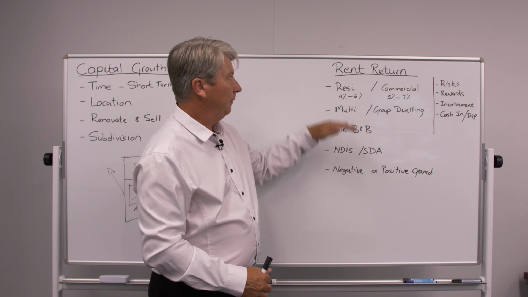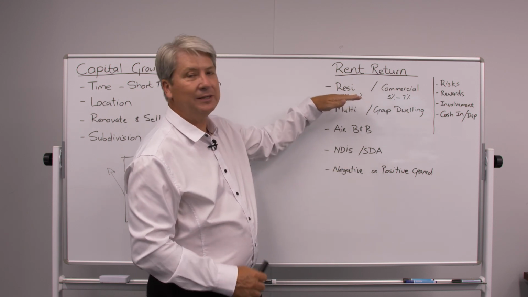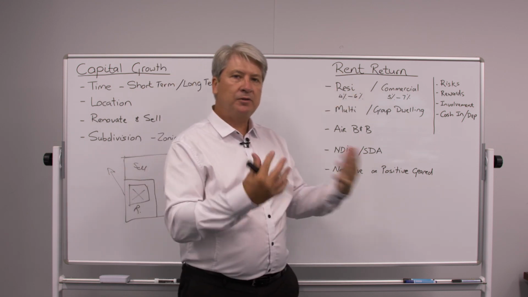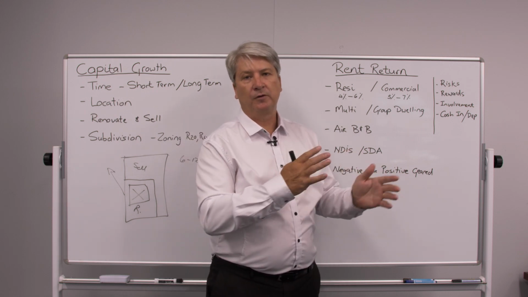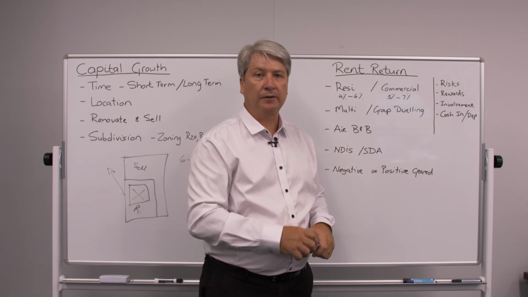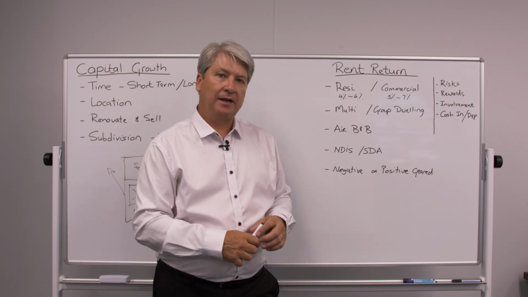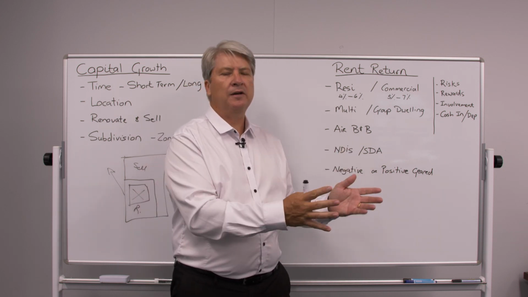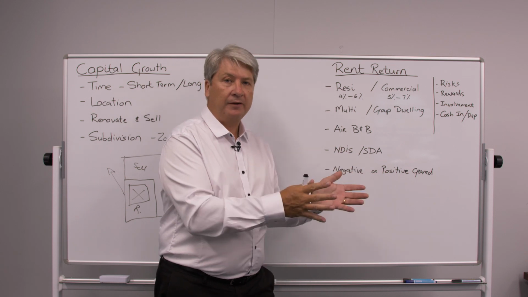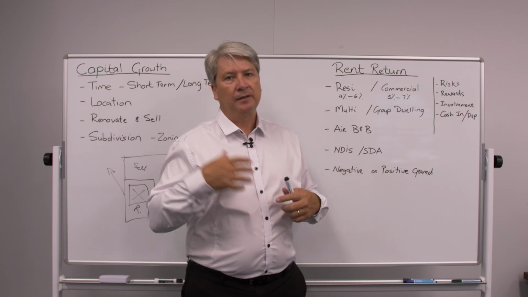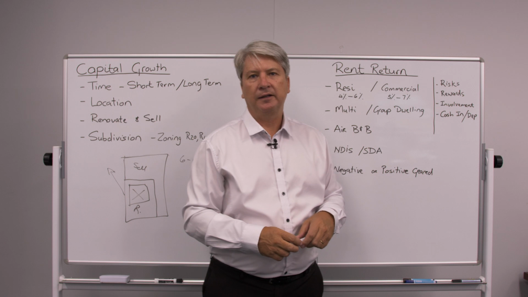Now, with a rent return, if you've got a residential property, most residential properties earn between 4 to 6% rent return. In other words, if you've got a property that's worth $500,000, you're most likely going to earn about $500 a week in rent. In WA, the rent is a little bit high at the moment.